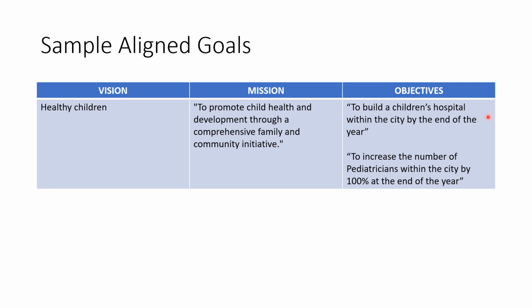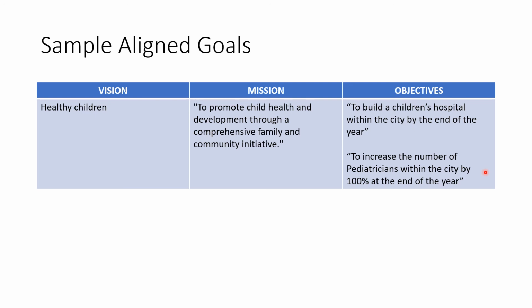Okay, this is smart. Another objective in order to achieve this mission is to increase the number of pediatricians within the city by 100% at the end of the year.